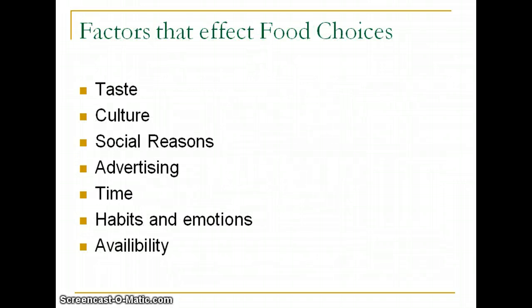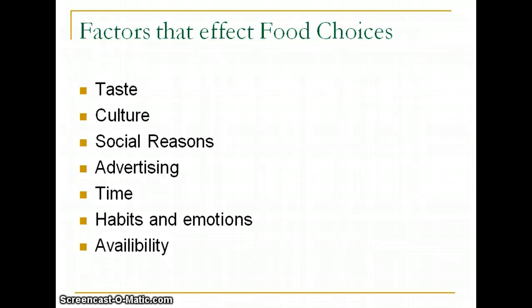Okay, so now we're going to skip forward to factors that affect food choices, right? I'd like you to read about this a little bit in your book, but just be conscious of the fact that we don't obviously eat food just for energy and just for growth and just for regulation of our metabolism. It can be cultural things, social.